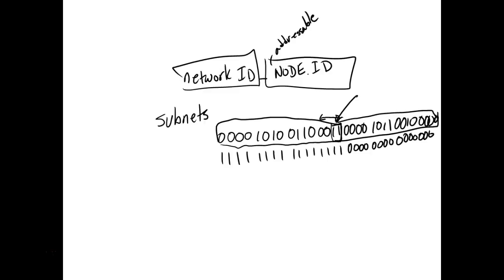So the college could have 65,536 computers on one of the routes. And I don't know why they decided to use a class B, but it's a private IP, right? You understand? That makes sense? So you can look up private IPs.